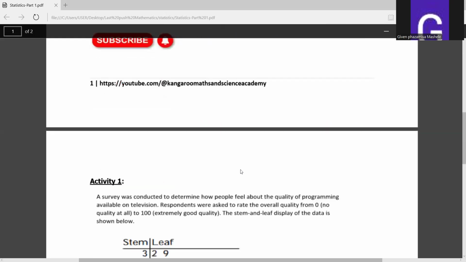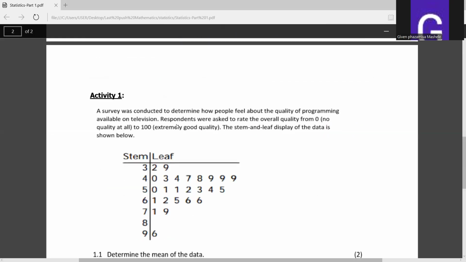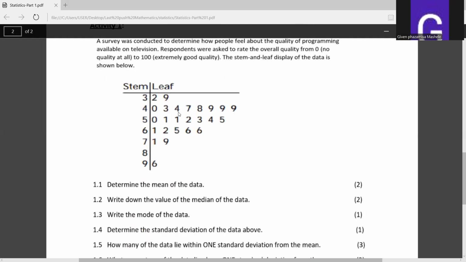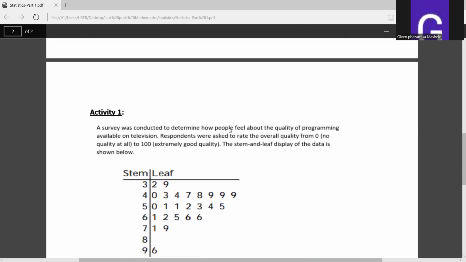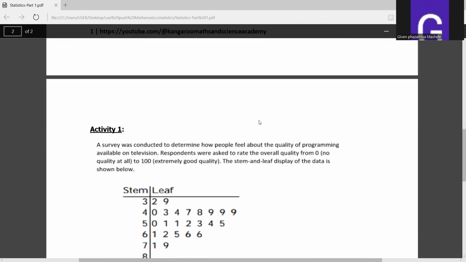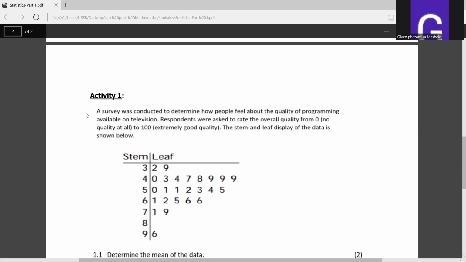Right, without wasting time, guys, I want to take you through the statistics for ungrouped data, particularly by looking at the examples. Now we have one activity which will enable us to address all the concepts behind ungrouped data. Let's look at this question. It says a survey was conducted to determine how people feel about quality of programming available on television.